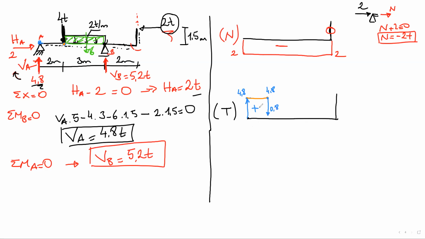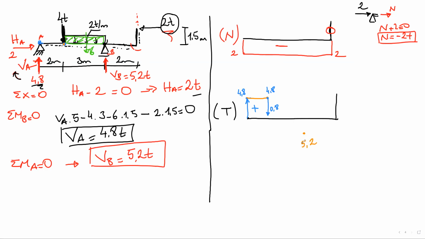Now we are here. We are going to start the uniform distributed load here. Its magnitude is 6. It goes down. So 0.8 minus 6 will be minus 5.2.